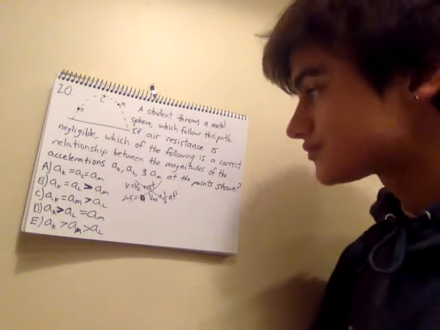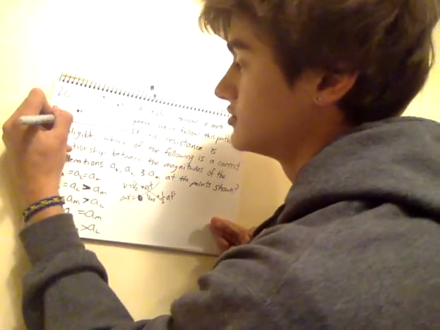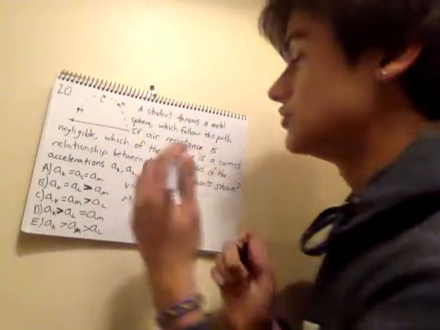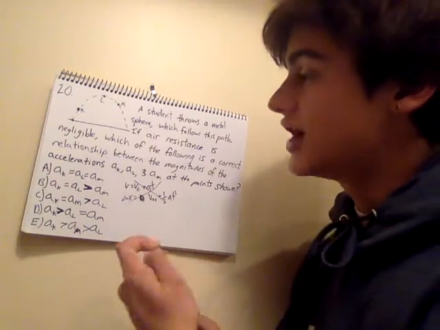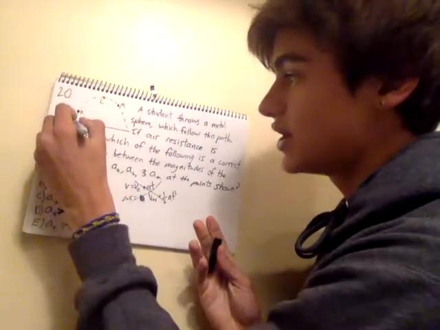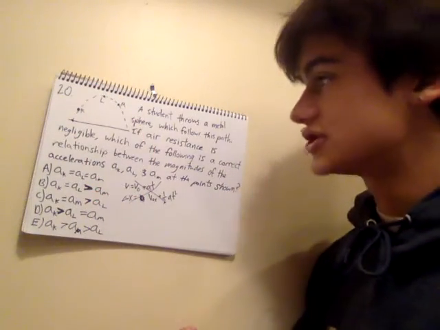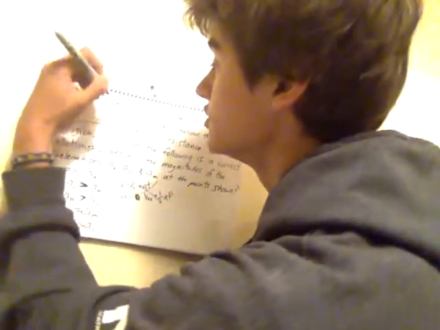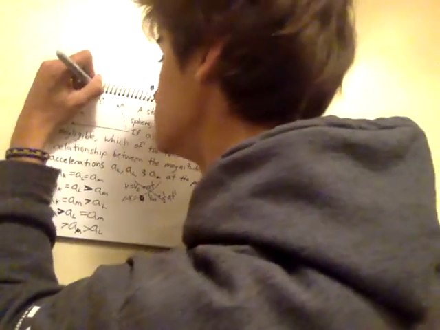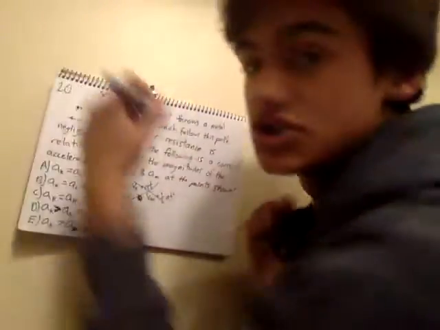So we know if it's thrown from this point here at an initial velocity, that velocity is going to decrease as it gets higher. That's why the slope is getting less steep, because the velocity is decreasing. And then here we know that the velocity in the y direction is equal to 0.